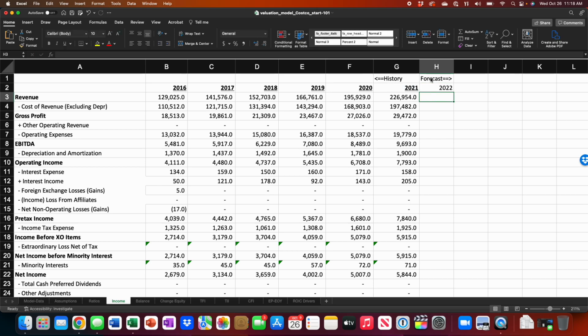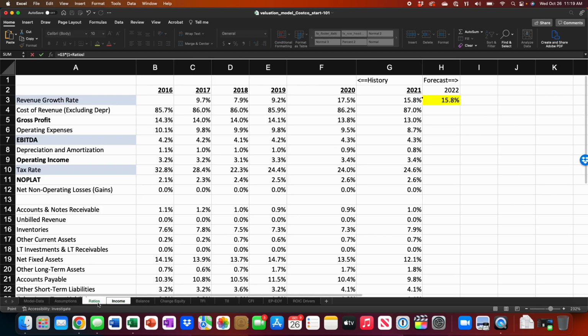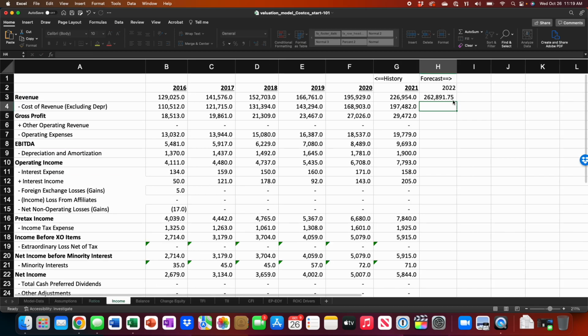And so here's how we're going to forecast 2022 revenue for Costco. So for 2022 revenue, H3 equals G3, last year's revenue, times, left parentheses, 1 plus, from the ratios tab, 2022 percentage change in sales, so H3, right paren, 262,891.75.